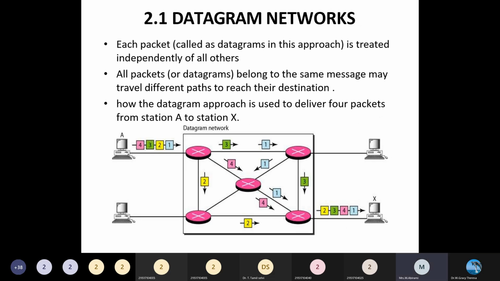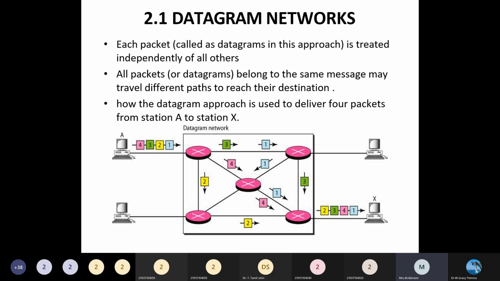Packet networks are classified first into datagram networks. Before that, the advantage of packet networks is that they are more efficient compared to circuit switched networks, because the messages are divided into small packets.